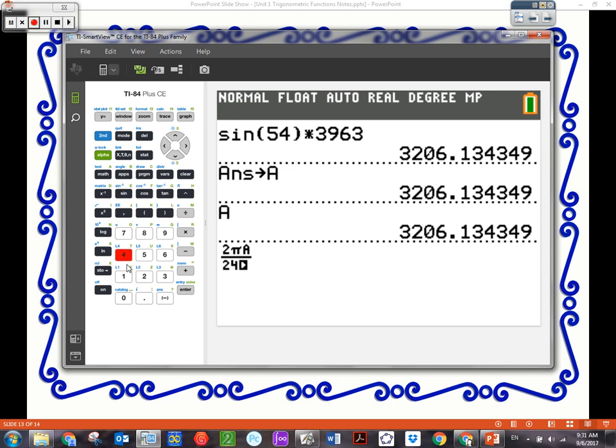Is everybody okay? Then we hit enter. And that is the speed. It's 839.364 miles per hour. Okay, so 839.364. Are we all right with that? Okay. Calculator stuff good? All right.